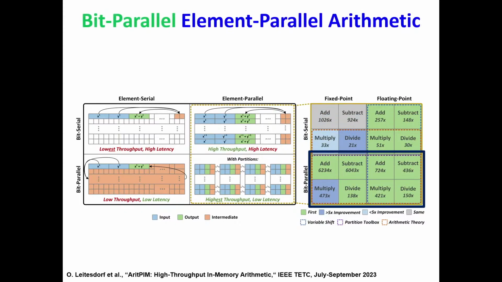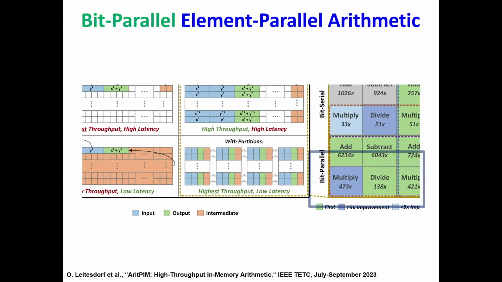If we want to move to bit parallel, which means that we will use partition parallelism as well, because partitions allow us to work on each bit independently within the same row, then we can get even better performance and better results for the different operations.